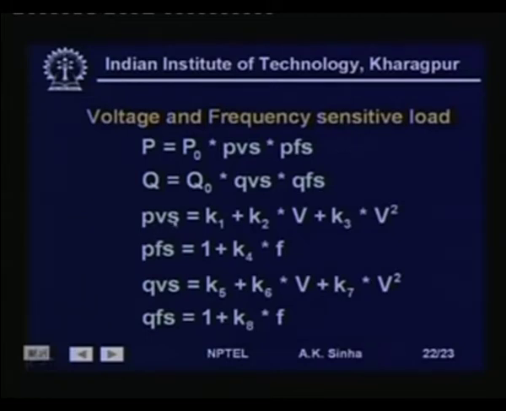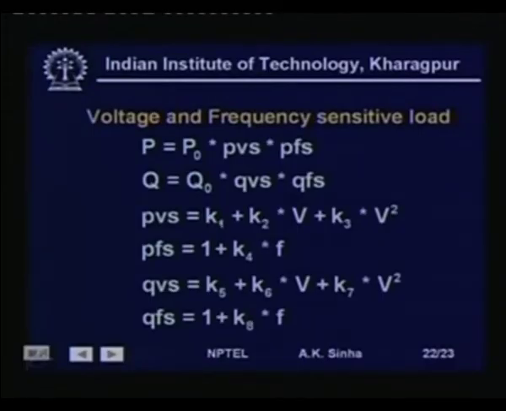These factors PVS, PFS, QVS, QFS can be represented as follows. PVS is the voltage sensitivity of the real power P. This can be written as some constant K1 plus a constant K2 into voltage plus a constant K3 into voltage square, because many loads, especially constant impedance loads, have real power varying as the square of the voltage. So, here we have PVS given by K1 plus K2V plus K3V square.